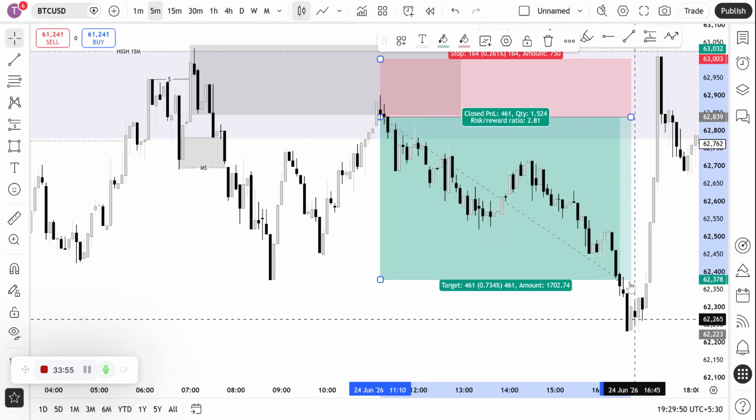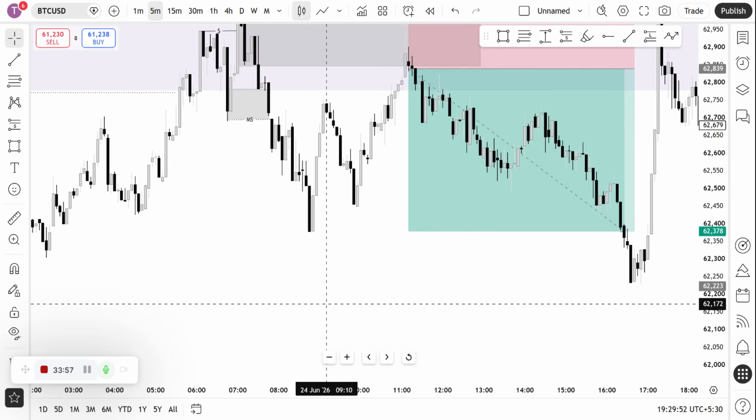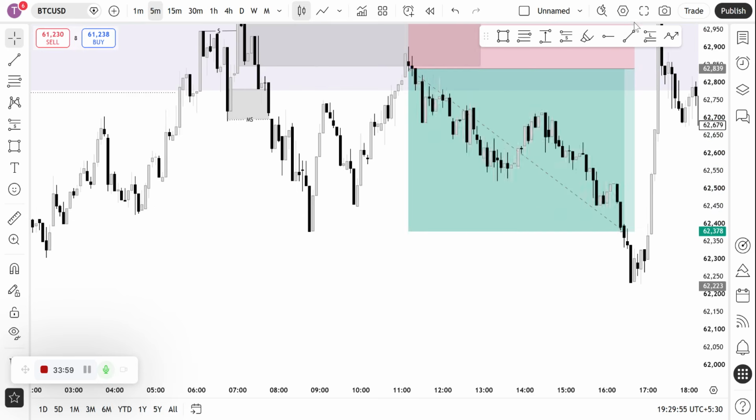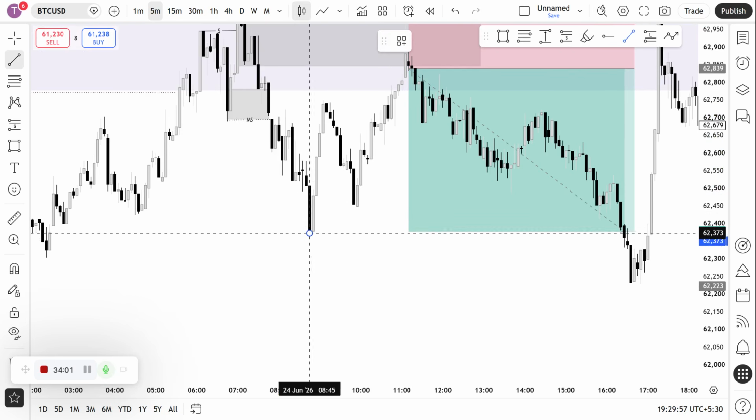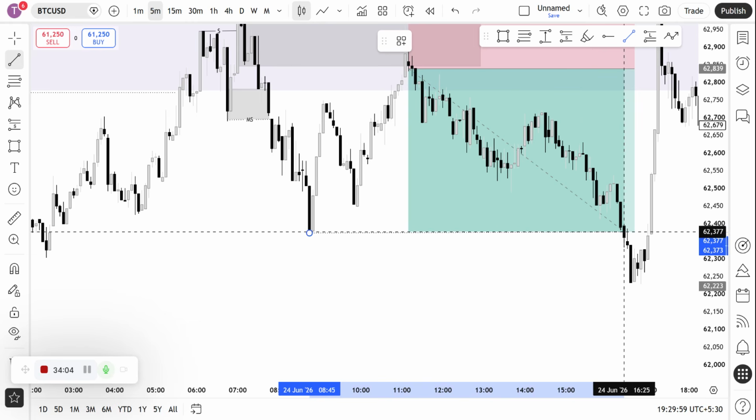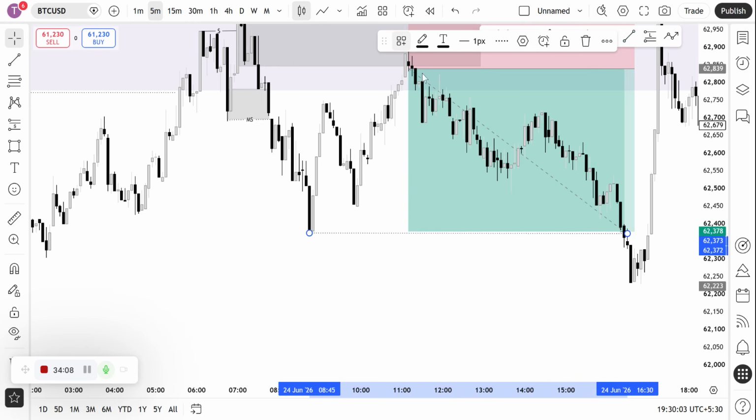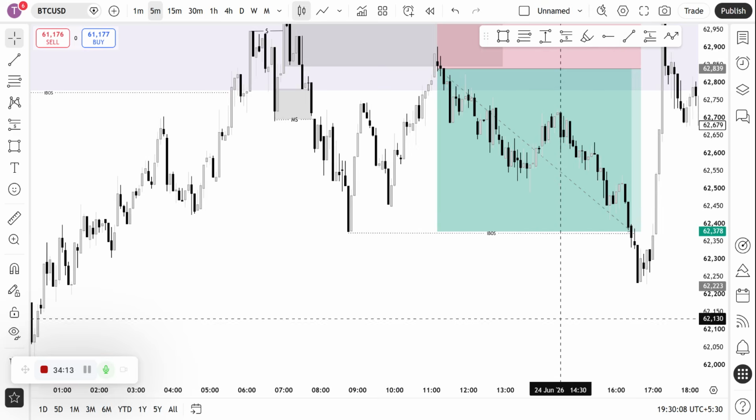So when this market shifted, it created to me a breakout structure right here. This confirms to me that the market is now shifting to the downside, right? So don't be greedy, don't be greedy.